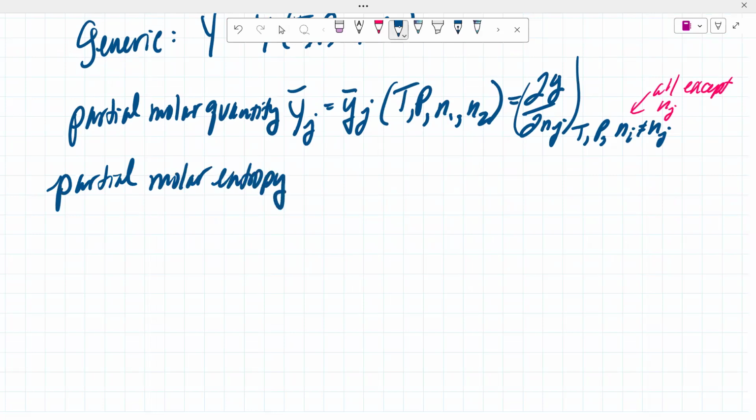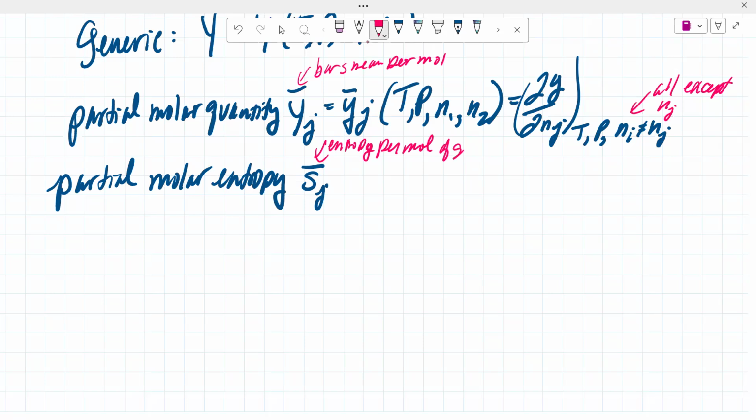How would we write that? So this would be S_J. By the way, the bars are for the molar quantities, right? So this is like entropy per mole of gas. That's what that means.